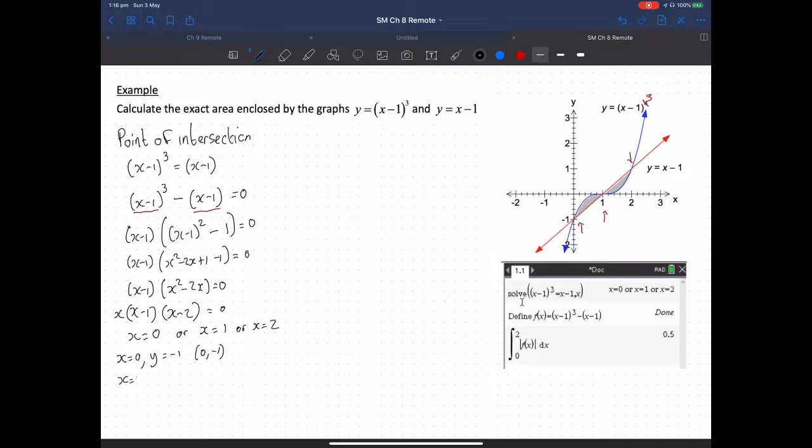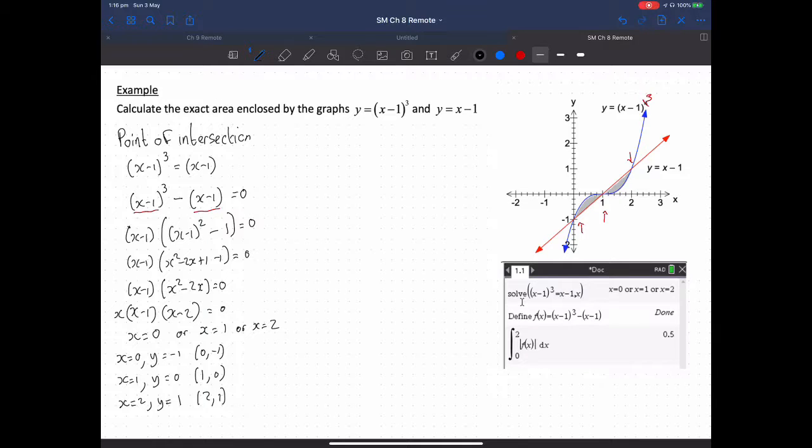X is equal to 1, that will give me y equals 1 minus 1, which is 0. So as coordinates again, that is (1, 0). The last value, x is equal to 2, y is equal to 2 minus 1, which is 1, giving me the point (2, 1).